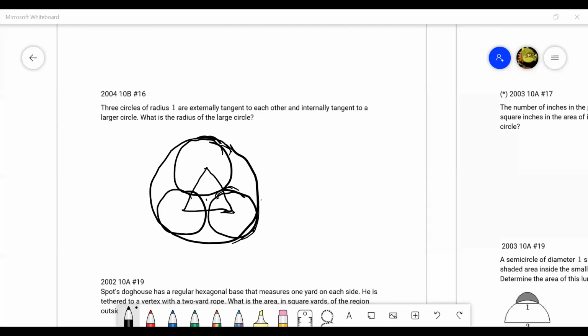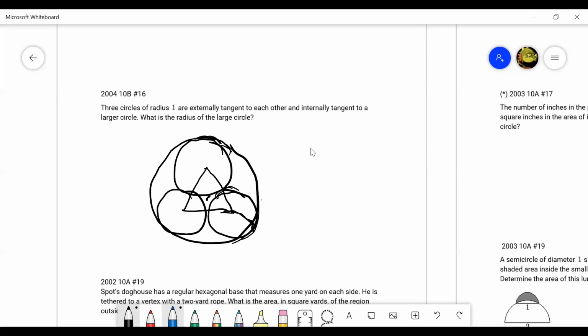We also need to connect the center of these circles to the points of tangency. And I'm only going to do this one on the bottom right because, well, it's symmetric, so it's going to be the same for the other circles as well. And we're not done yet. We still need to figure out the distance from the center of the big circle to here.